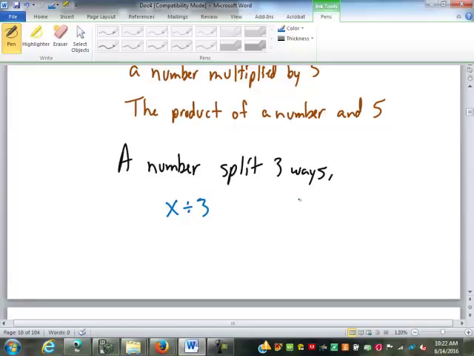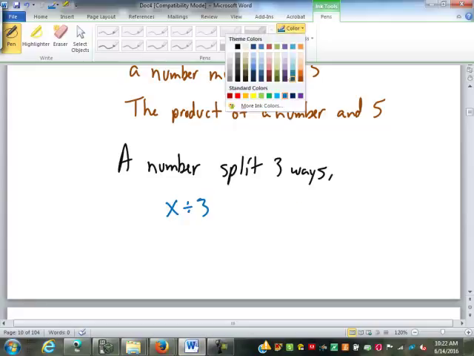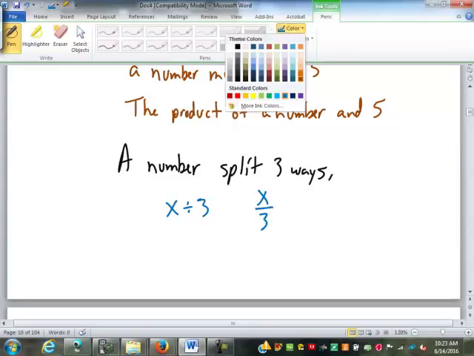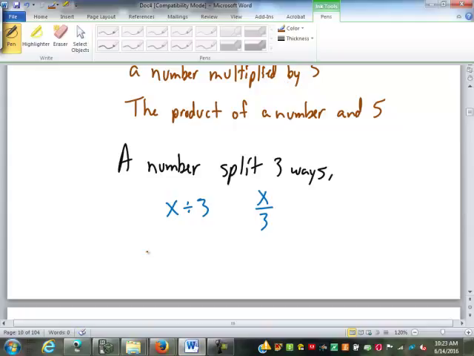So other ways of writing, of course, we could write it as x divided by 3, or we could write it as x over 3. Either one of those is acceptable. Other phrases that mean x divided by 3, well, a number divided by 3 is one.